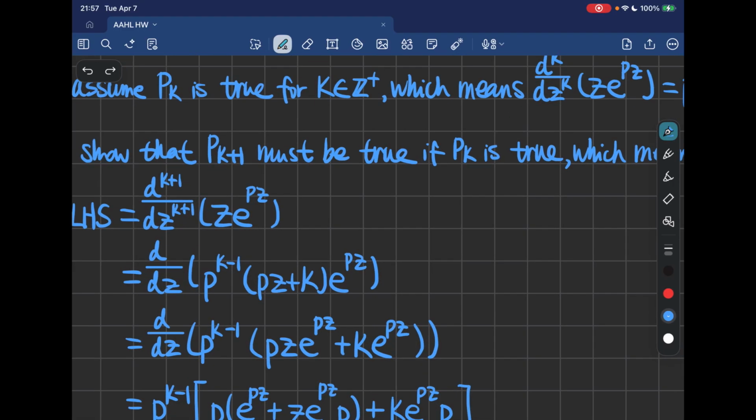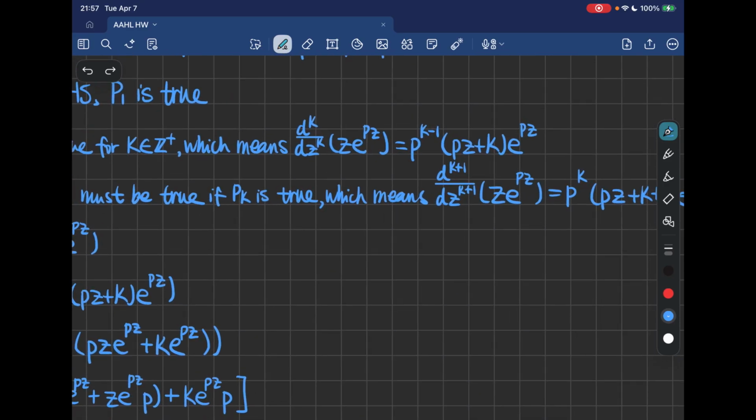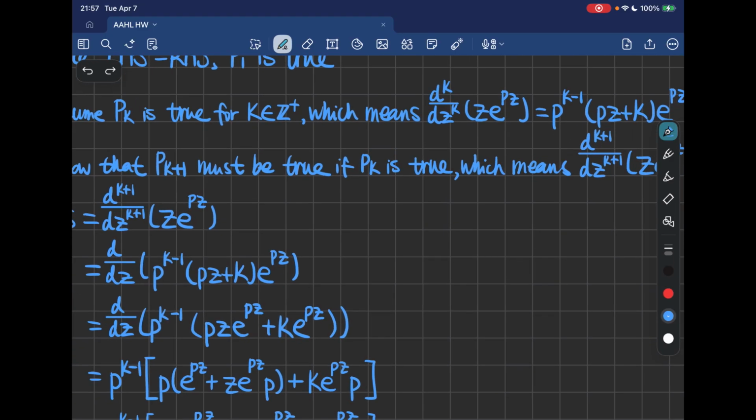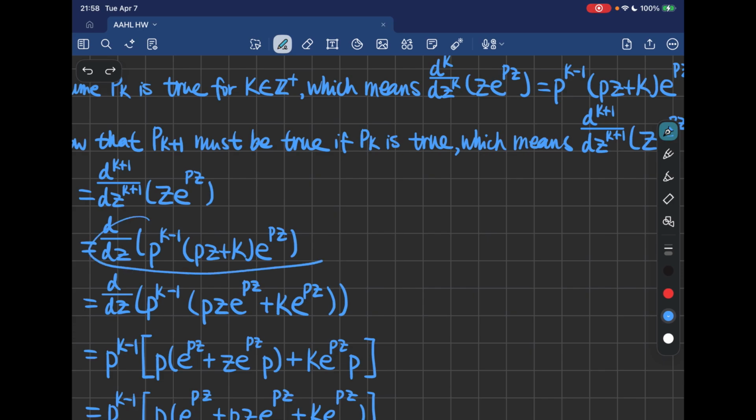So there's another way we can write the k plus 1's derivative of z times e to the power of pz, right? Remember that this is the kth derivative, and it looks like this. So we can write that the first derivative of this is actually the same as this.